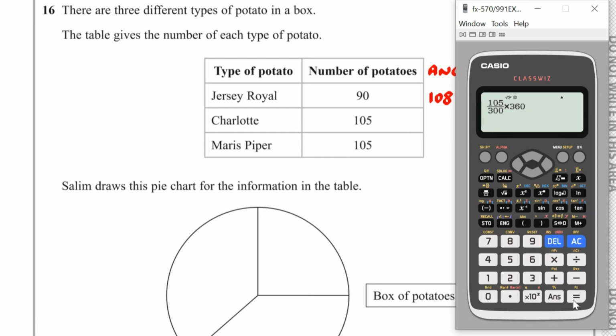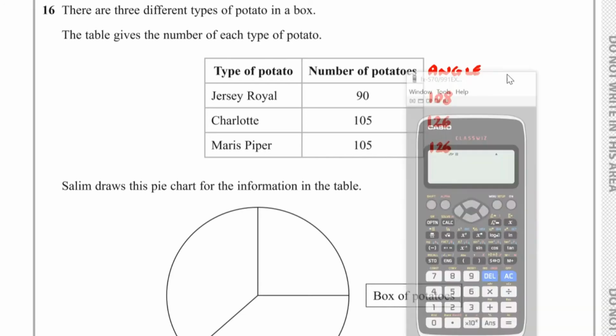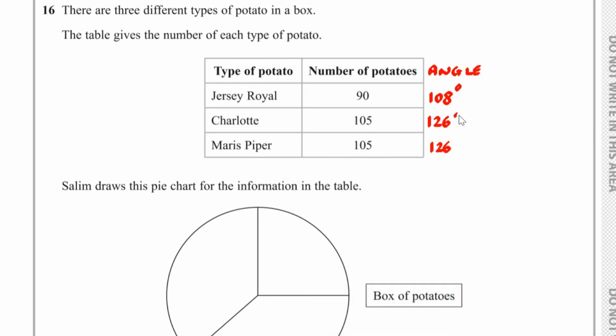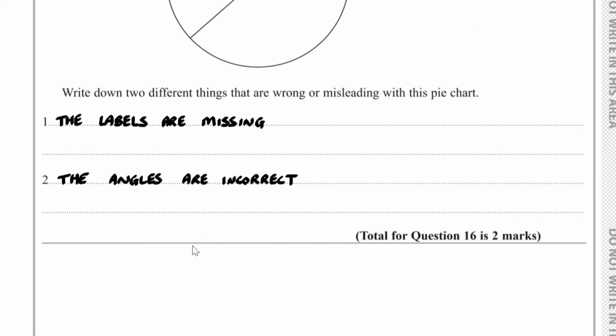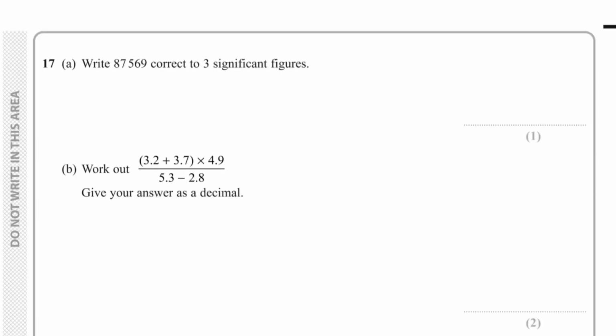And for Charlotte and Maris Piper, we have 126. What we can clearly see is these angles drawn are incorrect. So the angles are incorrect.